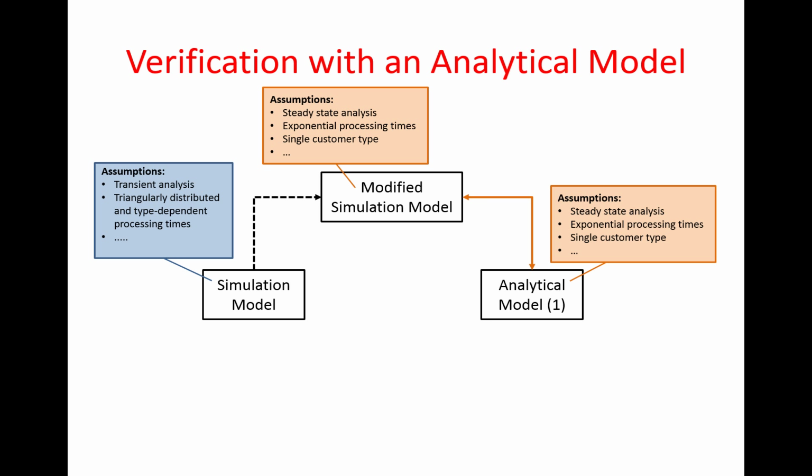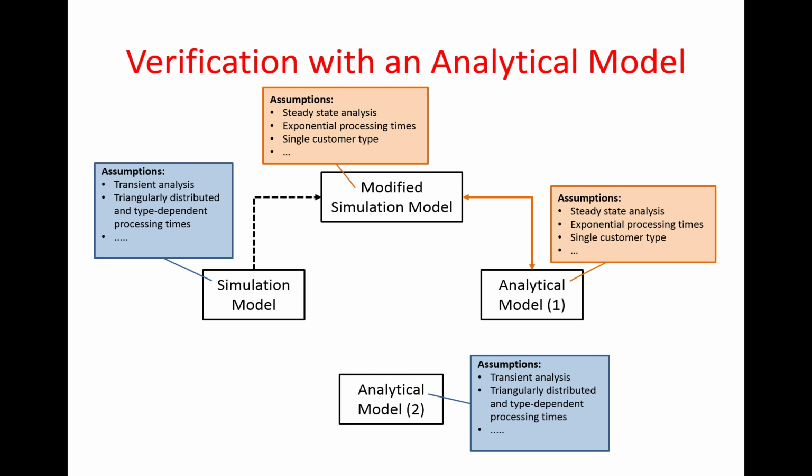As an alternative approach, we could use another analytical model that corresponds to our original simulation model to verify our simulation model directly. Now, in this case, for our subway model, it was easier to modify our simulation model through making simple changes and use a simple queuing analysis to verify the modified simulation model.